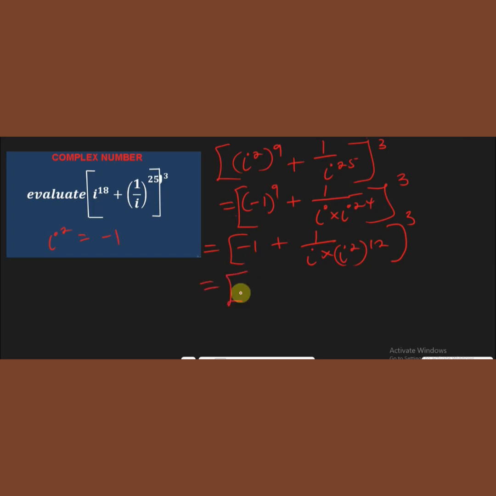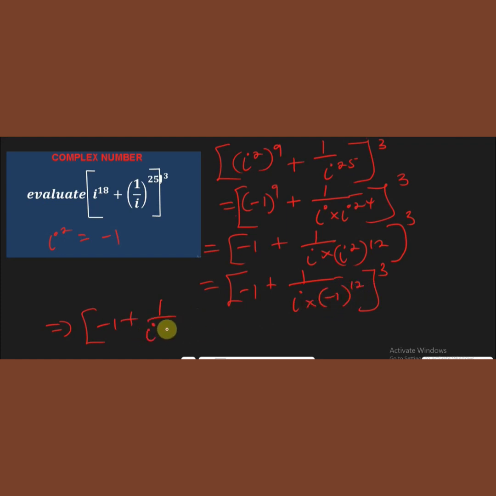So this is the same thing as minus 1 plus 1 over i times i squared, which is minus 1, like I said, then 12. Remember I said 2 times 12 is 24. So the goal is just to get i squared, so I can replace it with minus 1. So this is raised to the power of 3. This is the same thing as minus 1 plus 1 divided by i times minus 1 raised to the power of 12.